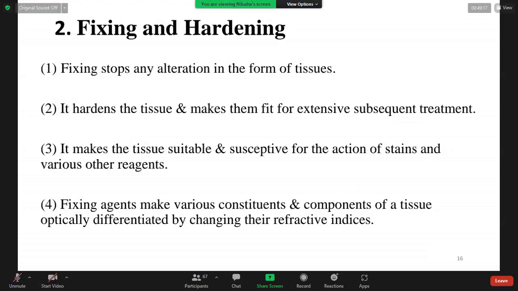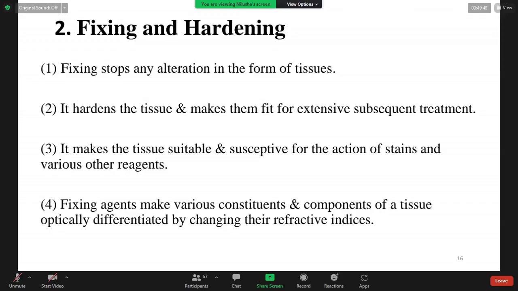Next is the fixing and hardening. Why are we going to the fixing and hardening step? Because the fixing step stops any alteration in the tissues of the insect. It hardens the tissue and makes them fit for extensive subsequent treatment.